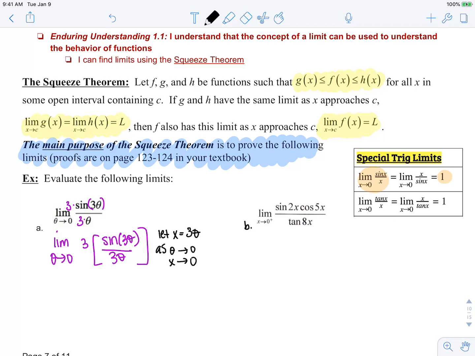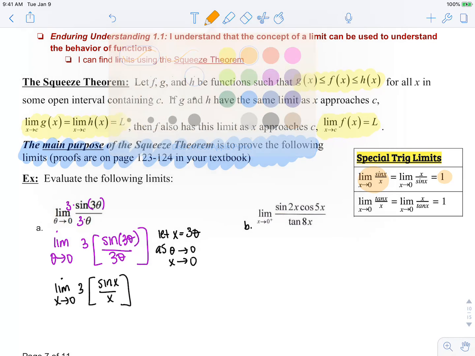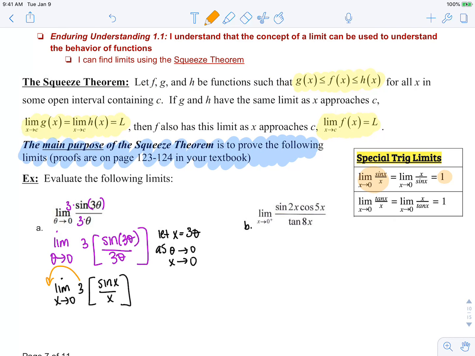So now if I substitute this in terms of x, I have the limit as x approaches 0 of 3, because this 3 didn't change yet, times sine of x over x. So remember that this constant can move in front of our limit now, and we have 3 times the limit as x approaches 0 of sine x over x.